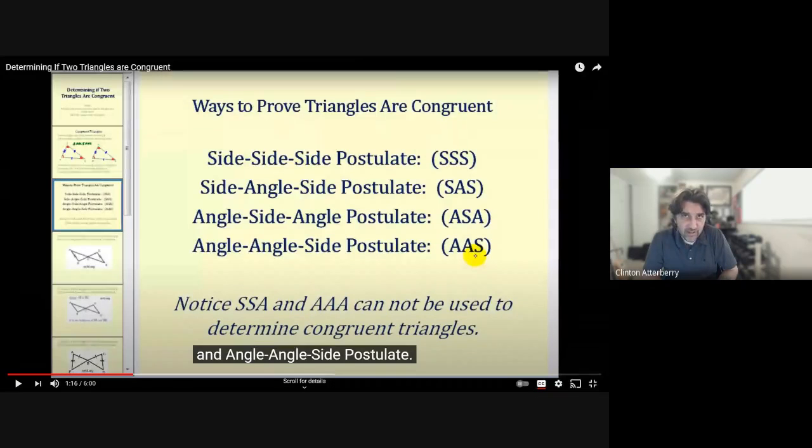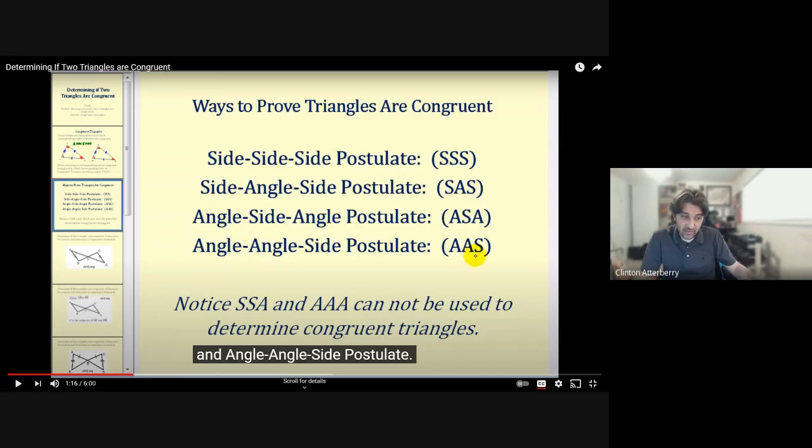There's a very special way to look at it. I don't want to go into too much detail right now and try to confuse you guys, but side-side-angle is one of those things where many times they might look the same, but it's not enough evidence. There's a special case where you can have side-side-angle and the triangles are not the same. It has to do with a triangle looking like this versus being acute or obtuse.